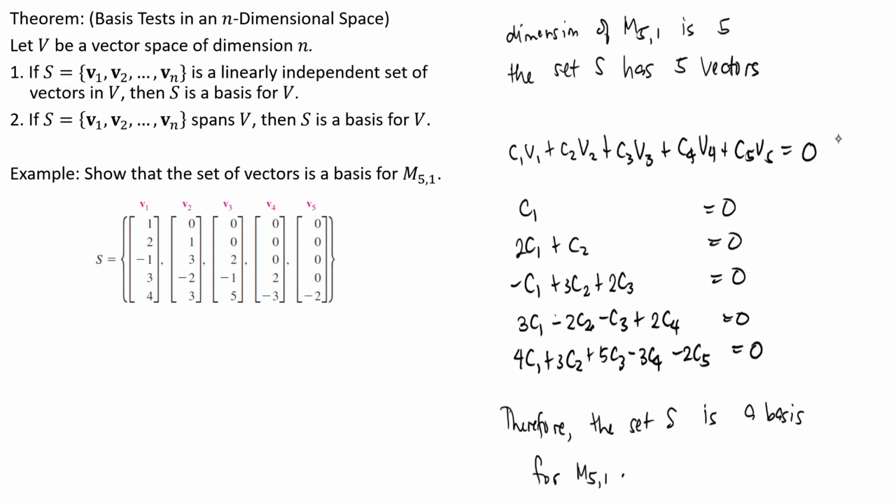That is why it is sufficient to show only that the set S is linearly independent to conclude that the set S is a basis for M sub 5,1. And that's the end of our discussion for lesson 3.4, which is basis and dimension.